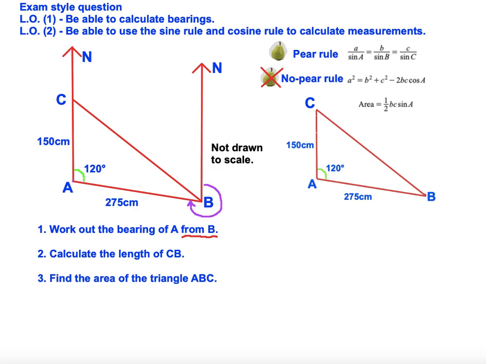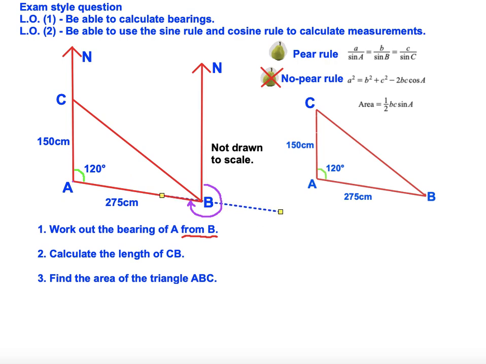So what I'm going to do is identify a way of finding this angle using corresponding angles. So we've got this information here that angle CAB is 120 degrees. And we can use that to calculate the bearing of A from B, i.e. this entire turn here. So I'm going to continue the line AB.